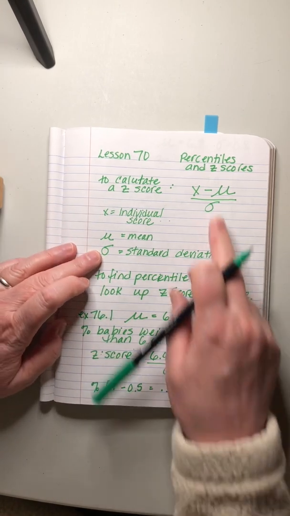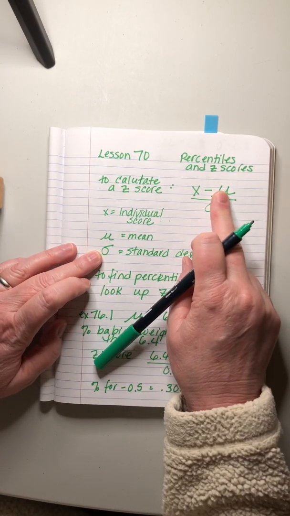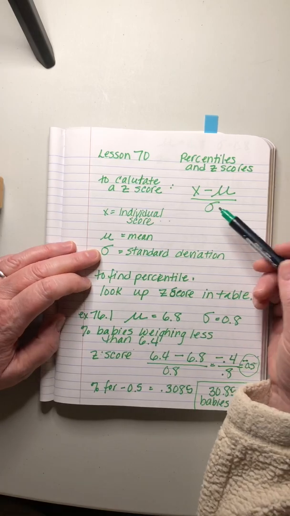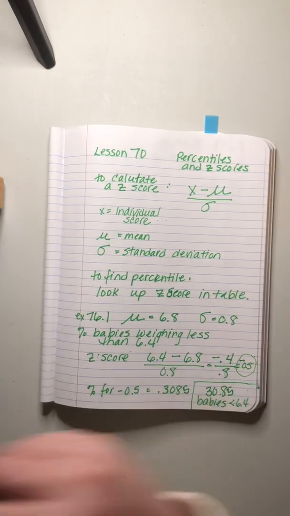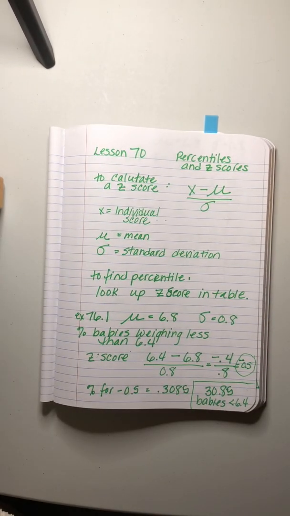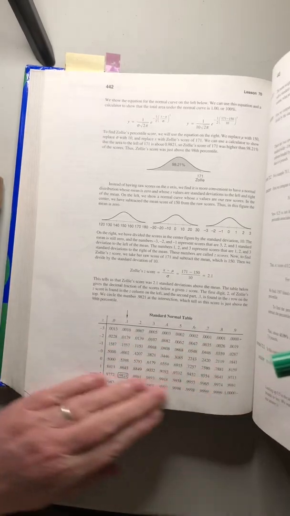This is the information we need to calculate the z-score. And people might ask, why? How did these z-scores work? Well, these tables were developed, and the z-score is what allows us to dip into the tables and read them accurately.